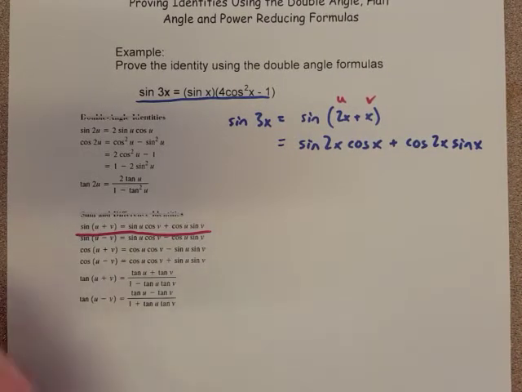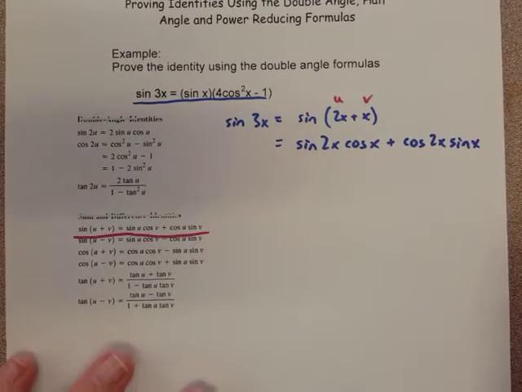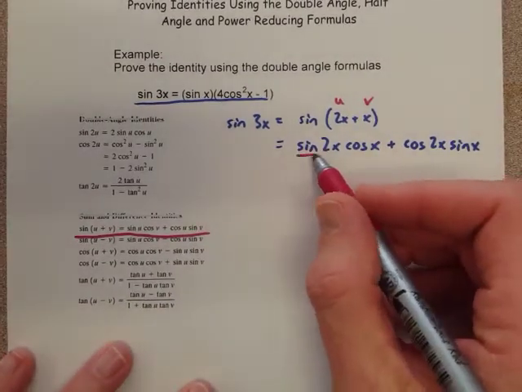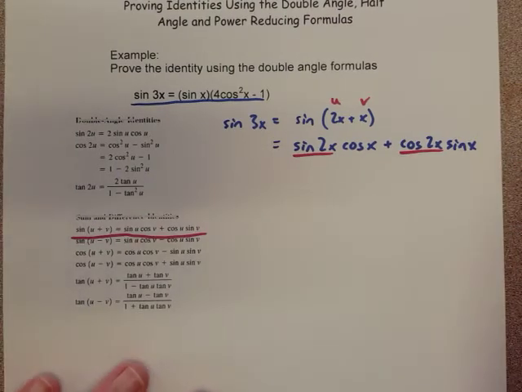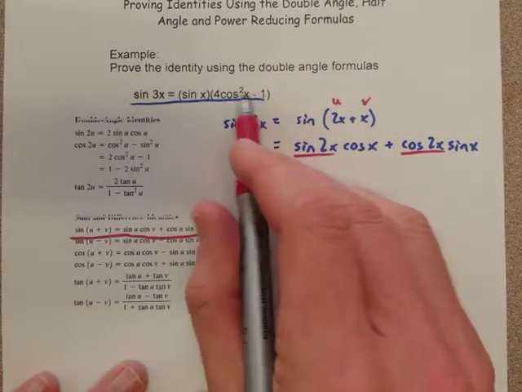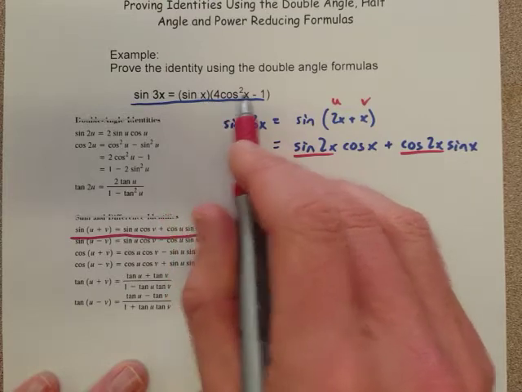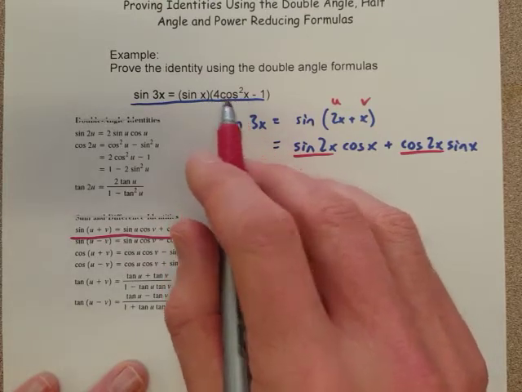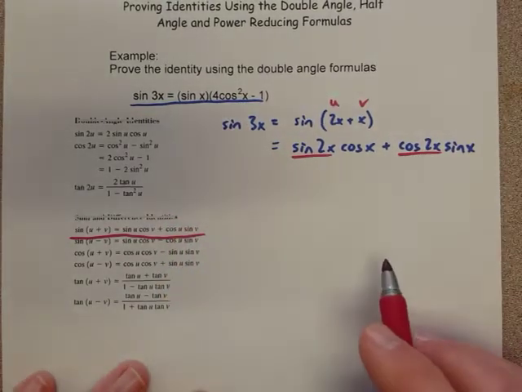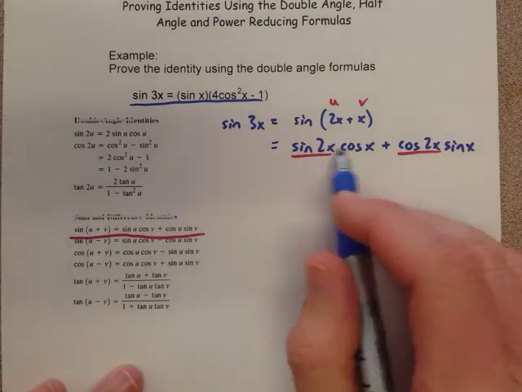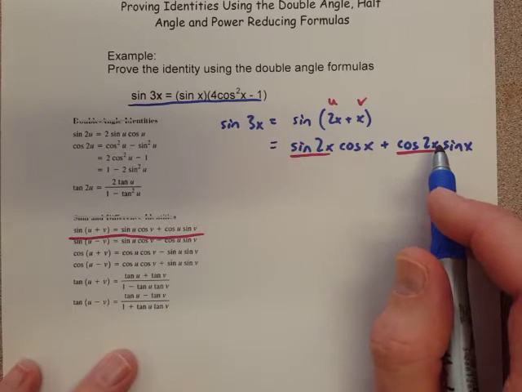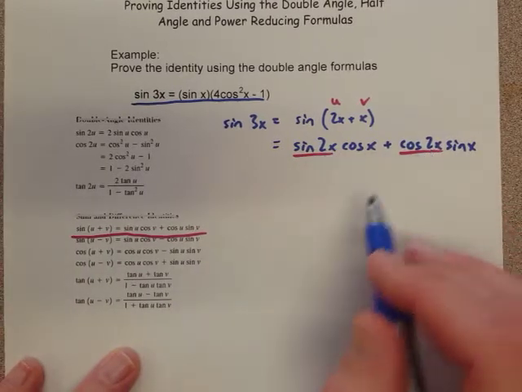Here's something to notice about this one. We've got everything kind of almost fleshed out, except for the fact that this is sine 2x and this is cosine 2x. We don't see any 2x's in the stuff that goes on up here. We eventually want to get to that, but we can't if we still have 2x's in there. So what I would suggest is that we replace these with ones that will get us to just a single value.